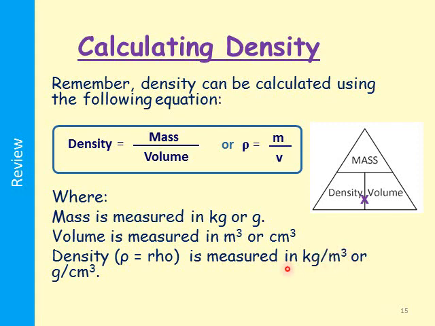So this will help you. If you can maybe remember the units of density, that will help you in deciding what you're going to measure and what you're going to do in the equation. So you measure the mass in kilograms and you divide it. This slash line here is a divide by the volume.